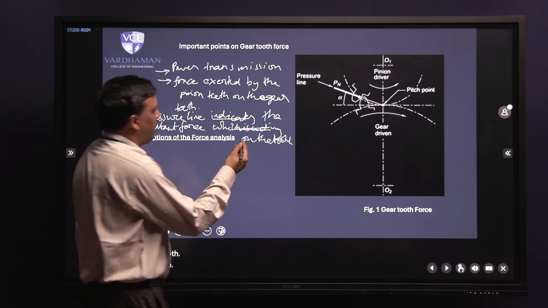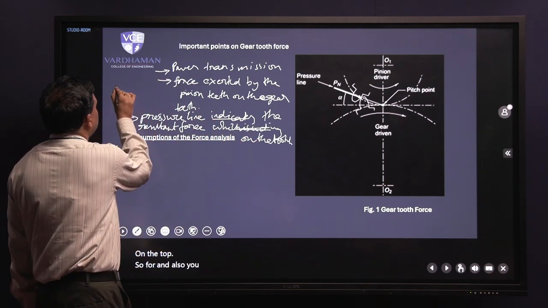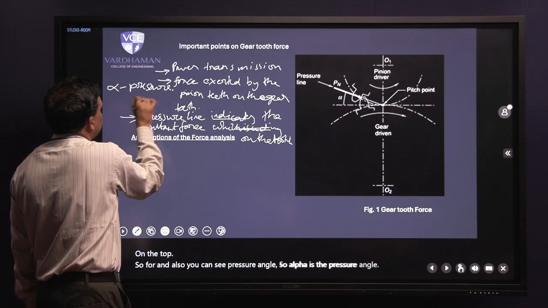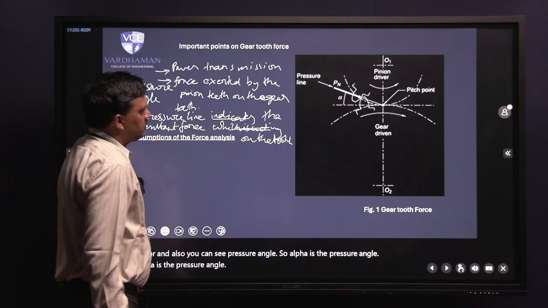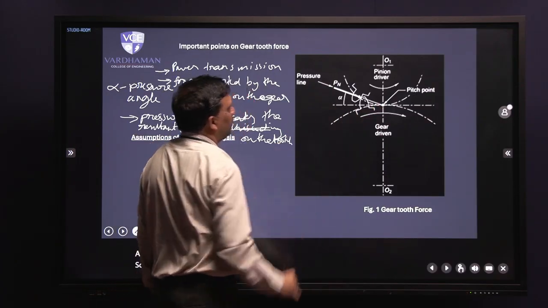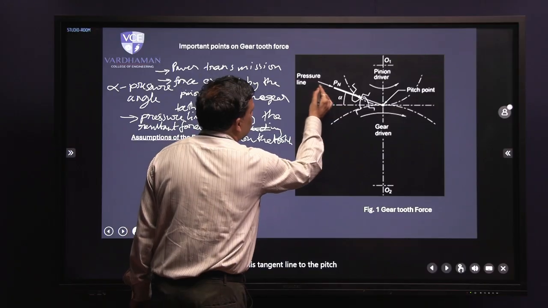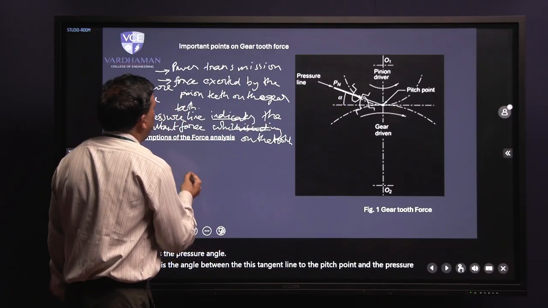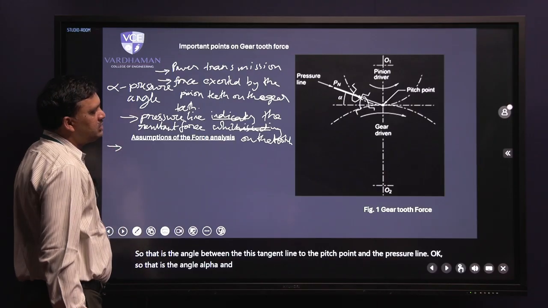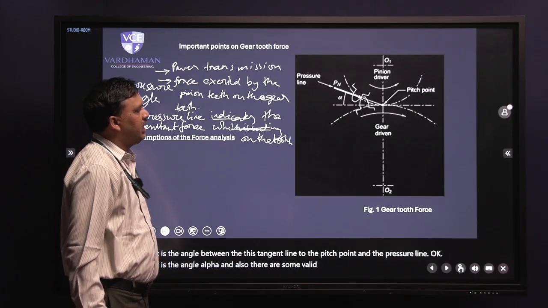Also you can see the pressure angle. Alpha is the pressure angle, that is the angle between the tangent line to the pitch point and the pressure line. Also, there are some valid assumptions in gear tooth force analysis.